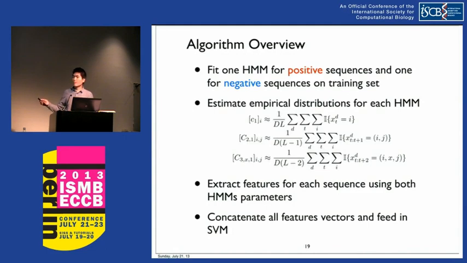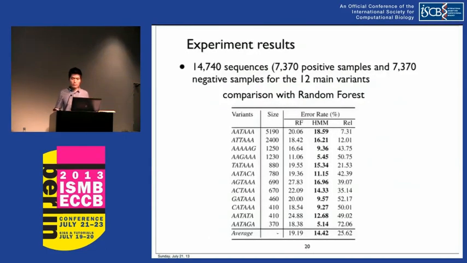And here are some experiment results. The PolyA detection dataset consists of about 15,000 sequences, half positive and half negative, with 12 main variants. Compared with a random forest classifier with 147 hand-engineered features, you can see our method significantly outperforms the random forest model in all cases.